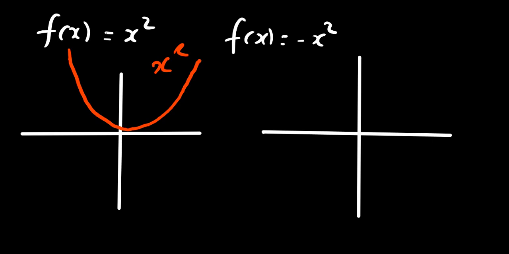Okay, let's say we're also asked to graph f of x is equal to (x minus 1) squared plus 2. We're able to see that our graph has shifted in the x direction.